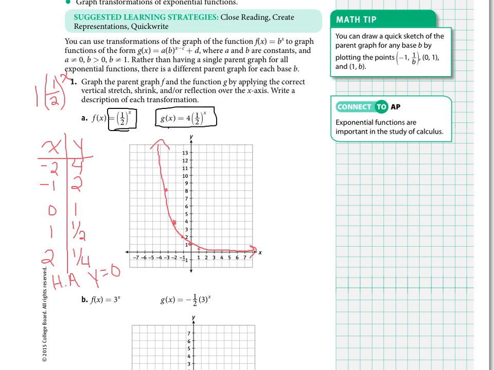Now let's look at what happens when we transform it by multiplying by 4 on the outside. If you remember from some of our other transformations, that is considered a vertical stretch by 4.